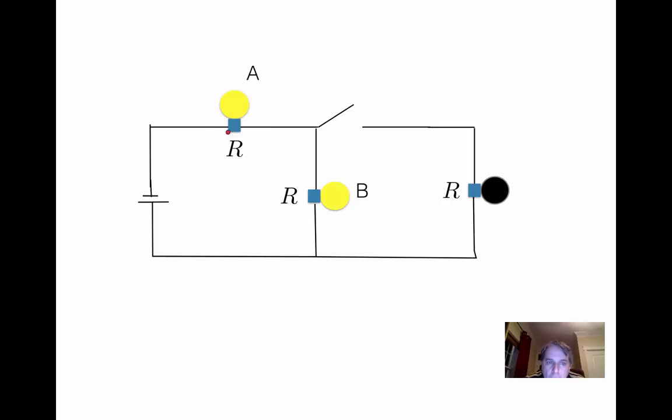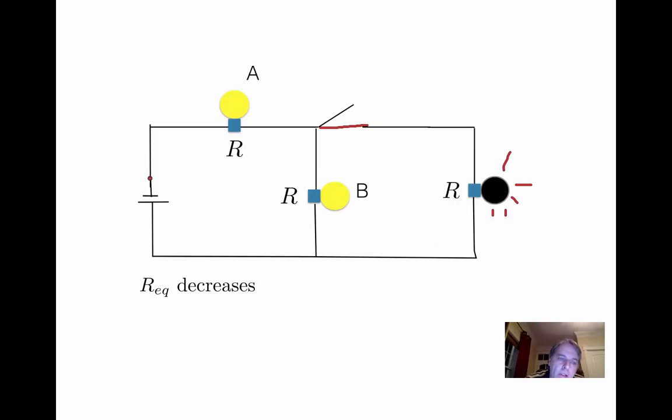So what's the answer when you close the switch? Again, the key point is what happens to the current flowing here. Notice the resistance of this part has changed, because you have two resistors in parallel. Before, you only had B with resistance R, but now R equivalent for those two is R over 2.